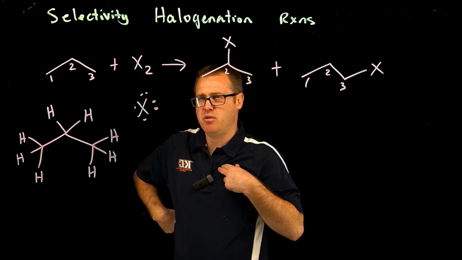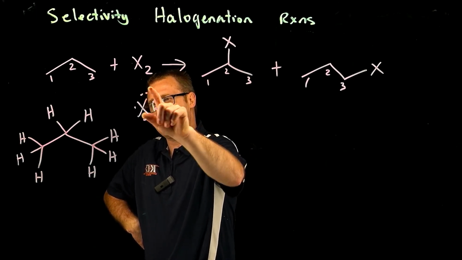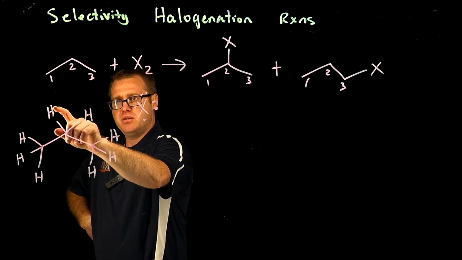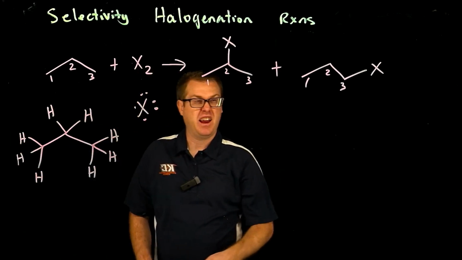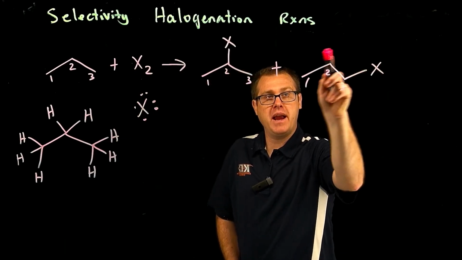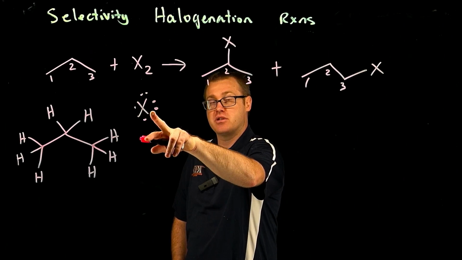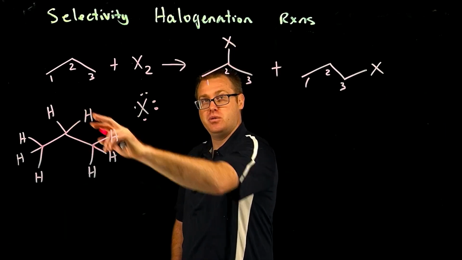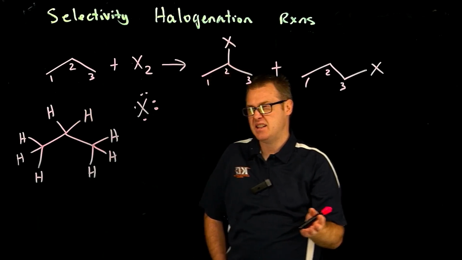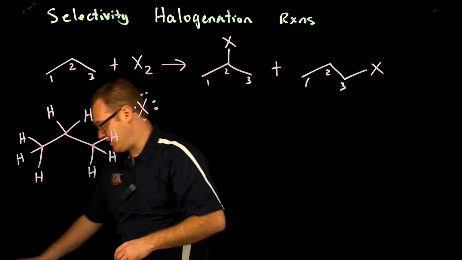So statistically speaking, what are the odds of this halogen radical here to abstract one of these 2 or one of these 6? Right? So you would think that this would be the major product because there's 6 hydrogens that this radical could abstract. In contrast, this product, there's only 2. Make sense? I hope. Statistically speaking, that makes sense.